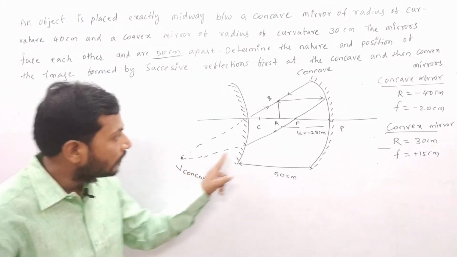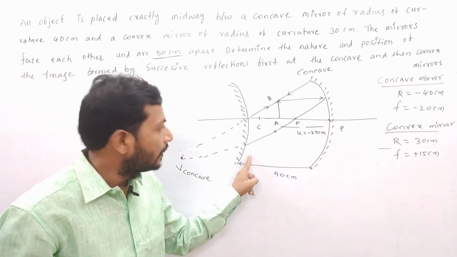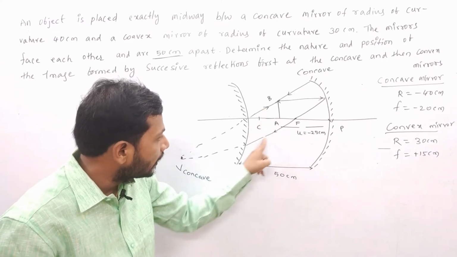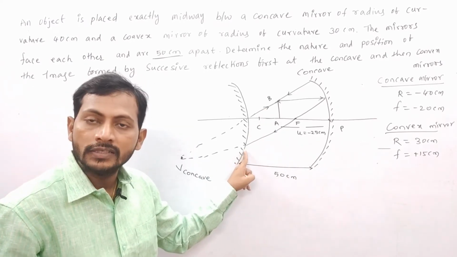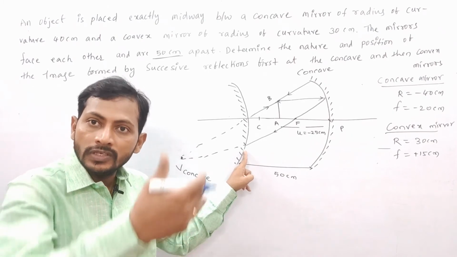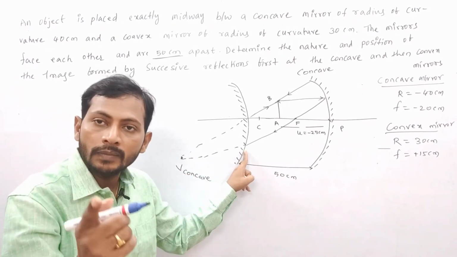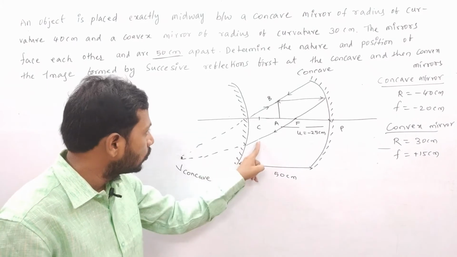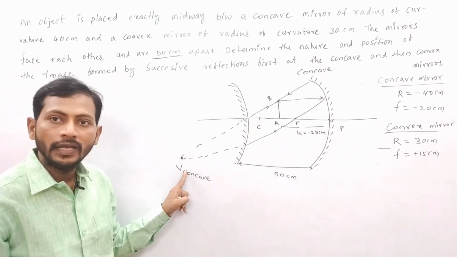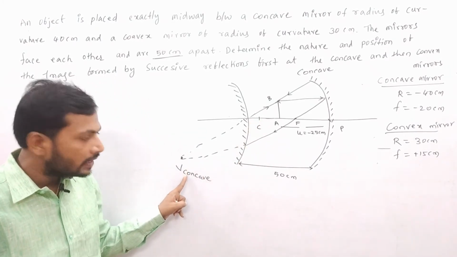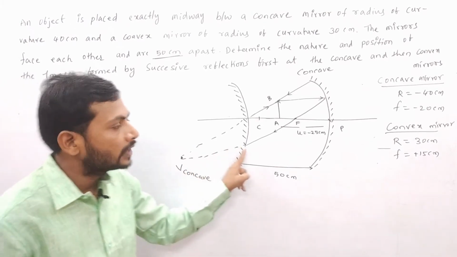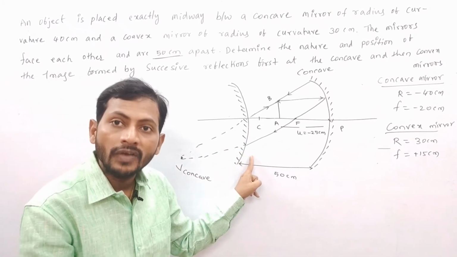This is the object for the second mirror, because these two reflected rays are falling on the convex. Falling on the convex means they are the incident rays from the object. So now these two rays belong to this one only. That's why this image distance is nothing but the object distance for the convex.